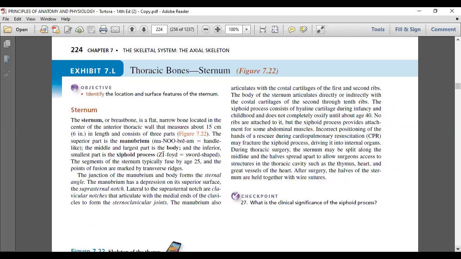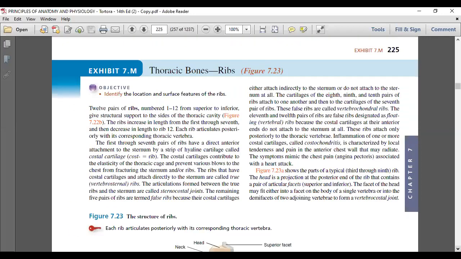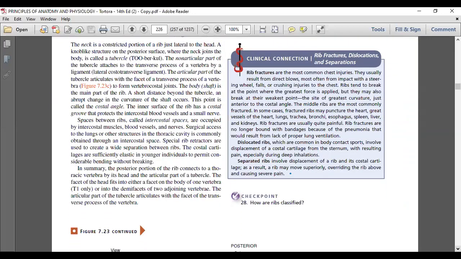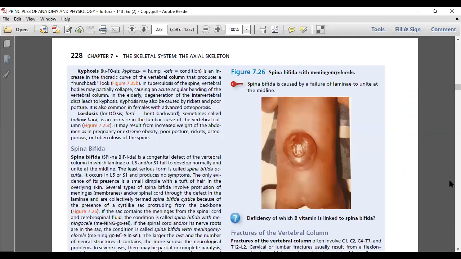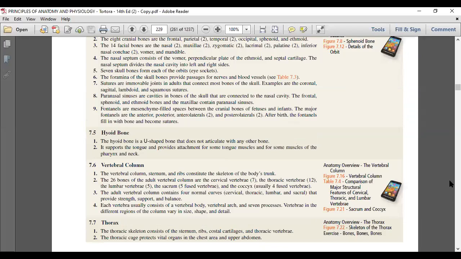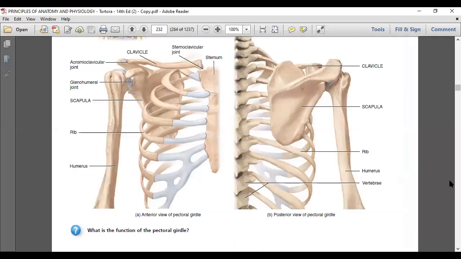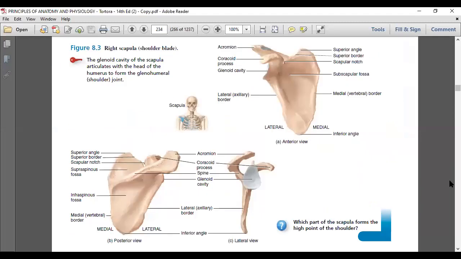Okay. So then next, I'll move on. Sternum, you can see there. Attachment of the ribs. Okay, so directly I'll go to the joints chapter. So, appendicular skeleton, pectoral girdle, pelvic girdle. This is the glenoid cavity.